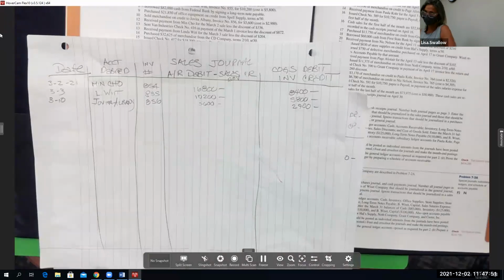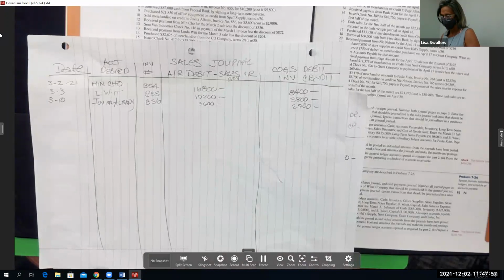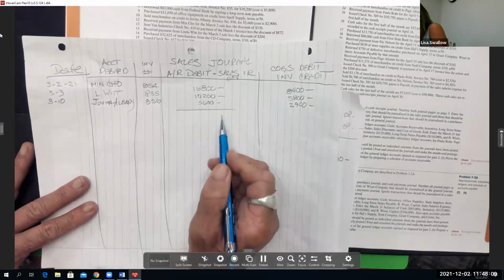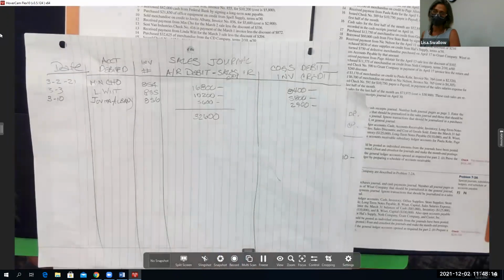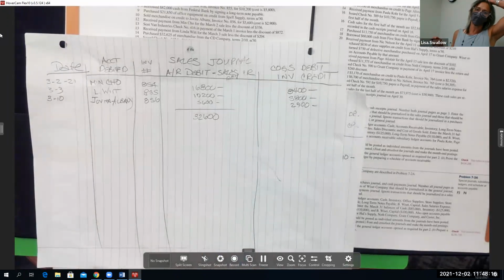Okay, so tally up your sales journal first. I mean, you don't have to do a formal foot and cross foot because the debit and credit's all in one column, isn't it?